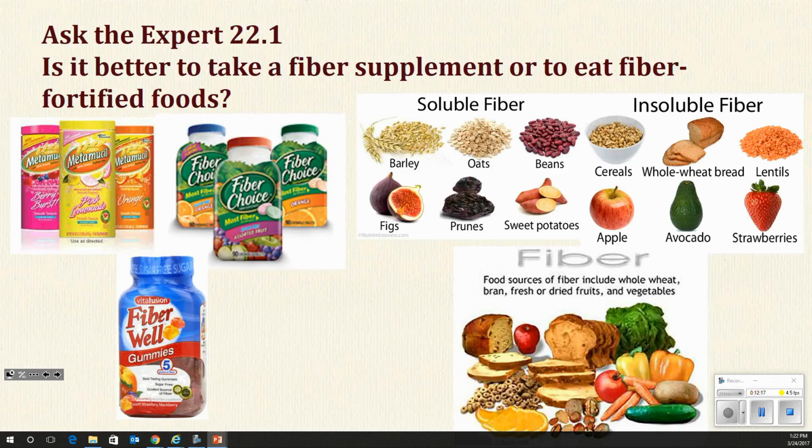All right, so now we're going to ask the experts, is it better to take a fiber supplement or eat fiber-fortified food? All right, so let's just go into this for a second because there is a question on this, and we'll come back and talk about it. It's kind of a general thing with health stuff, though.